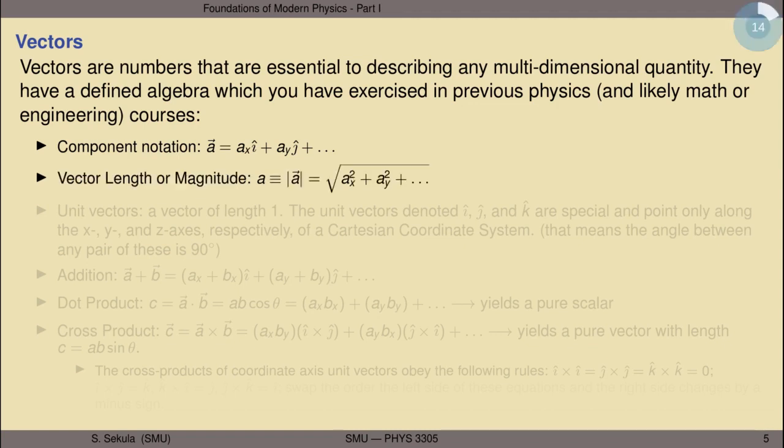Vectors, even though they carry both length information and direction information, can be summarized as having a singular length that characterizes the full straight line distance that you would have to go to get from the beginning of the vector to the end of the vector, and this is known as its length or its magnitude. This can be denoted in one of several ways, either just drawing the vector with no arrow over it, so A in this case, or putting absolute value signs around the vector.